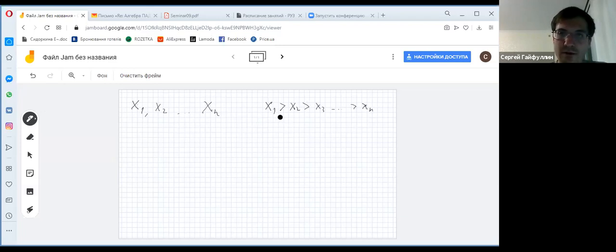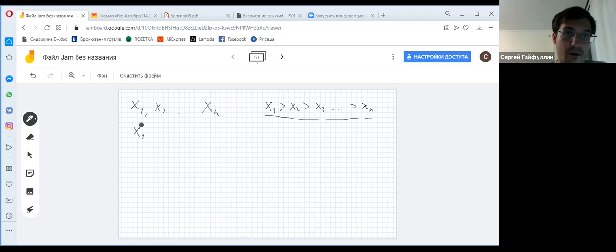If I fix this ordering, then I can describe the lexicographical ordering on the set of monomials. For this ordering of variables, the lexicographical ordering is standard.